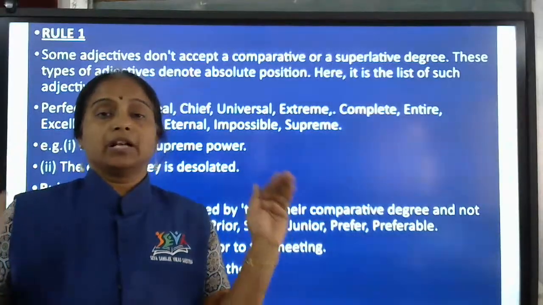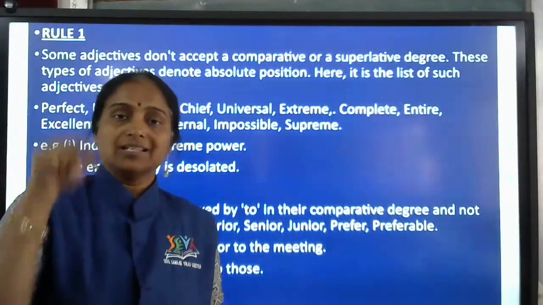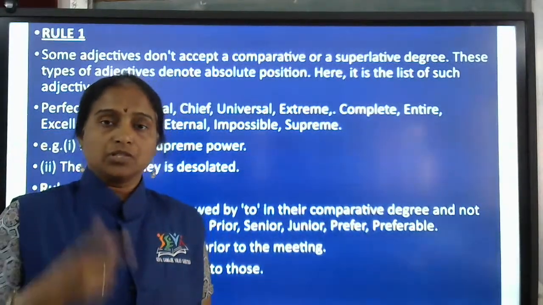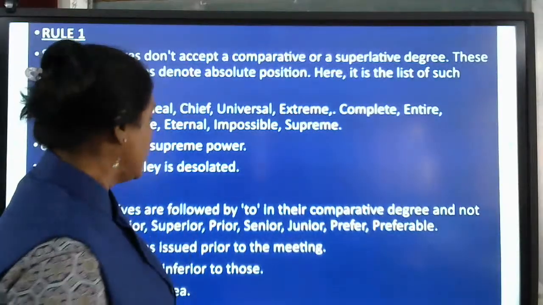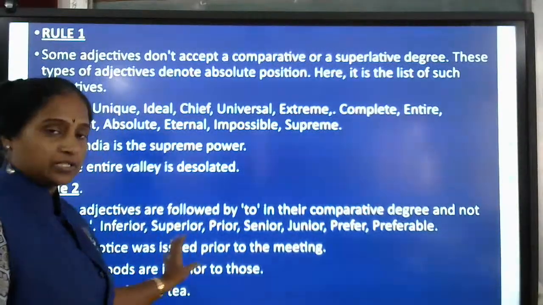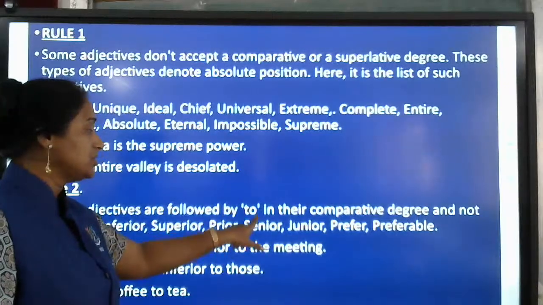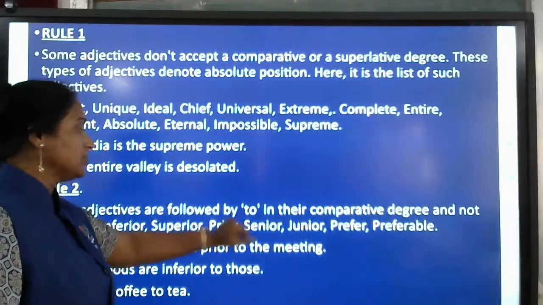Comparison is made between Ram and Sham, and for that purpose we used the word than. Now here, in certain adjectives, there is no need to use than. Instead of that, we are using to.